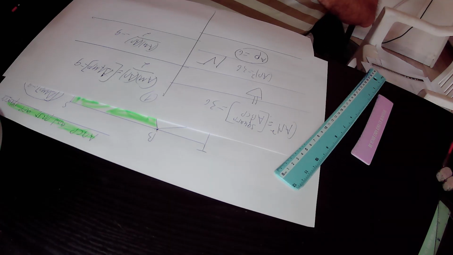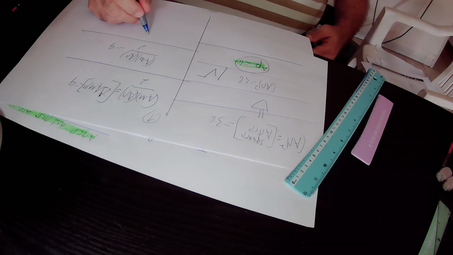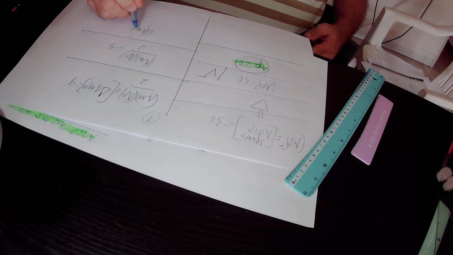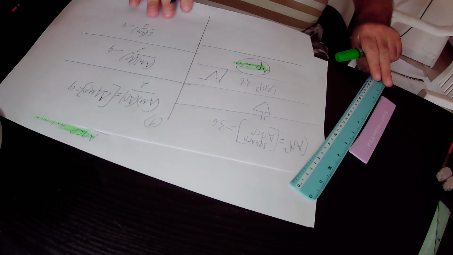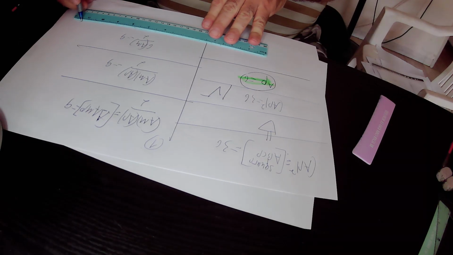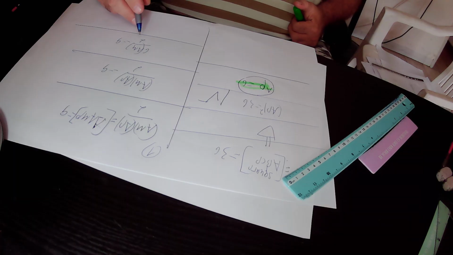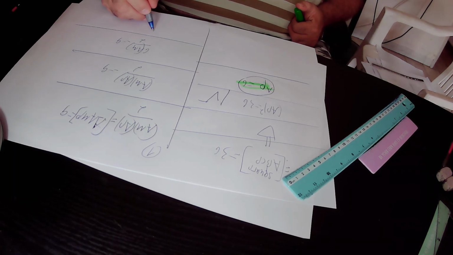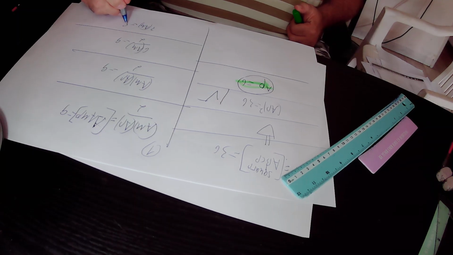AP equals 6, so we substitute AP by 6 and we get that 6 times AM over 2 equals 9. Six over 2 is 3, so in total this expression equals 3 times AM equals 9.